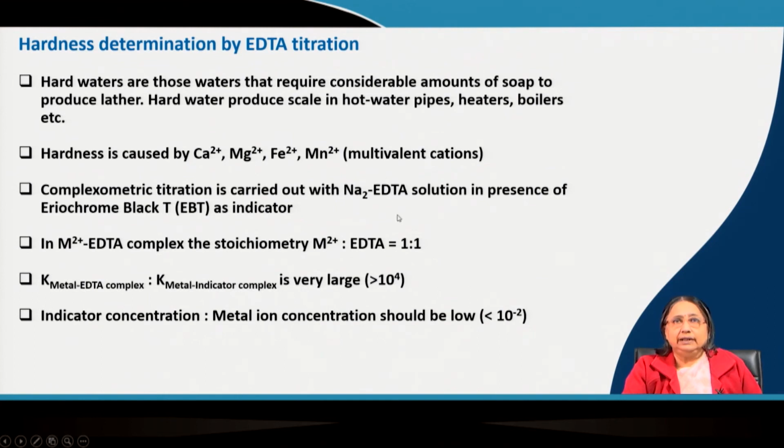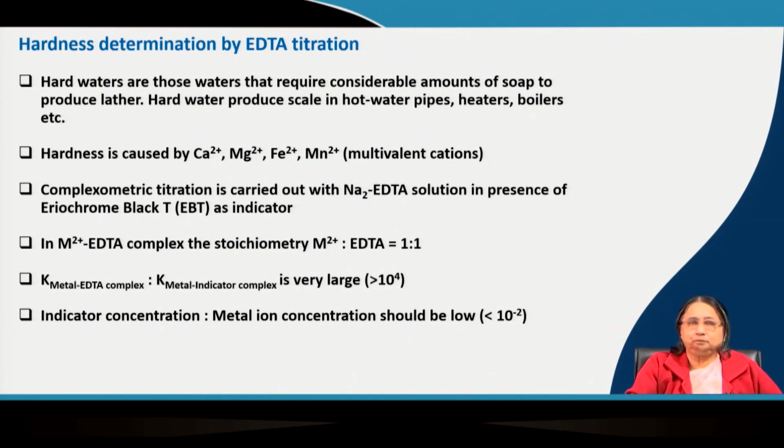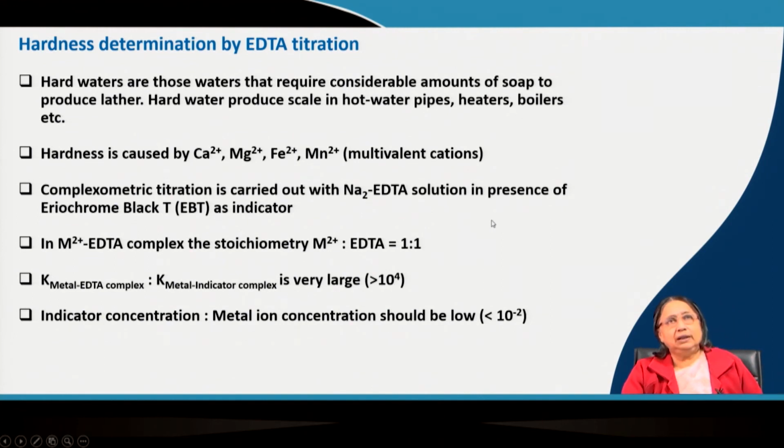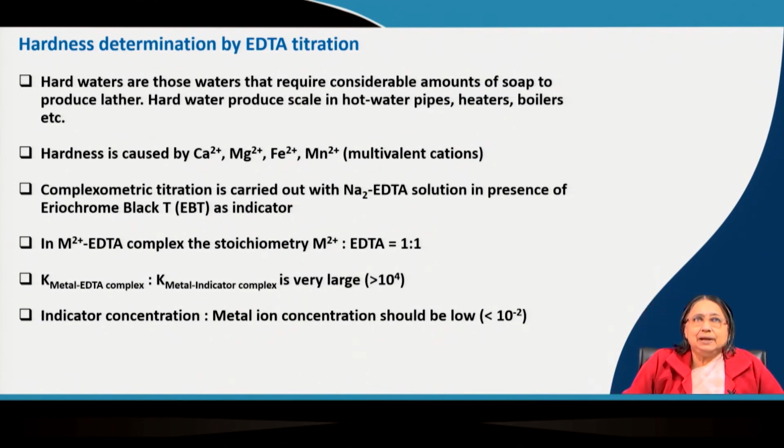So, it complexes with the free calcium magnesium ions present in the conical flask, that is the sample water. Now, slowly EDTA concentration is increased, and all the calcium magnesium ions get complexed with the EDTA while reaching the end point. Now, the end point is reached. All the calcium magnesium ions will be consumed by the EDTA through complex formation.